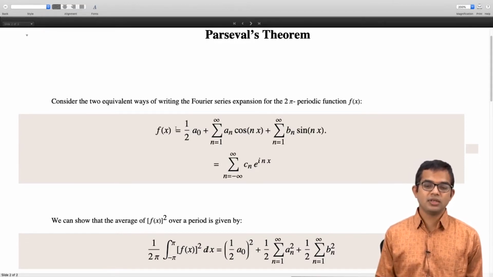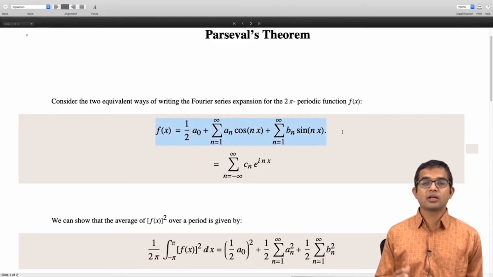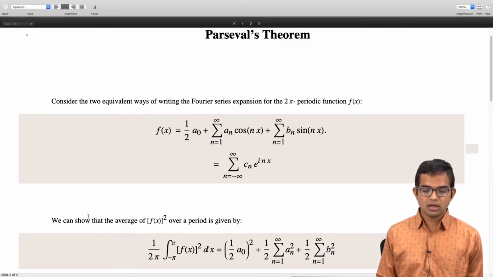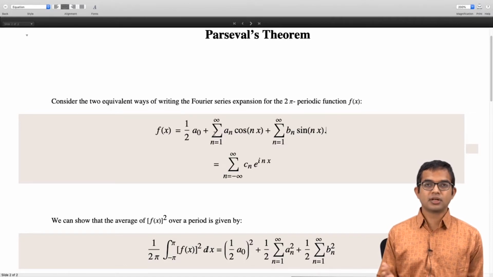We have seen that it's profitable to think of this as an expansion of a vector in an orthonormal basis. That's what a Fourier series really is. So if you take the square and then integrate over a period, that's basically like taking the inner product of these different basis vectors with each other.